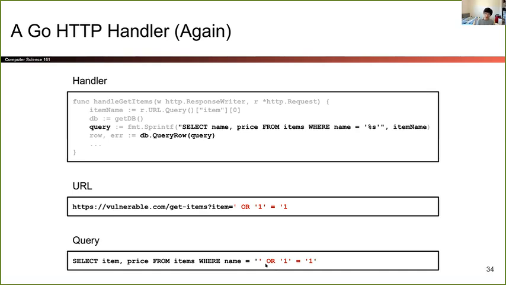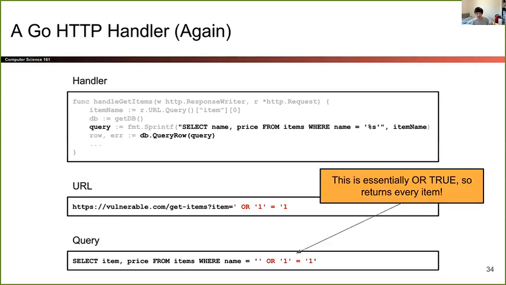Well, the string one is always equal to the string one. So this is basically where name equals empty string or true, and anything or true is true. So what we've done is really just gotten rid of this where clause, and it's going to return every single item and all of its prices in the database, because we were able to exploit this vulnerability and slot in our own input that creates a malicious SQL statement when the string substitution is used.